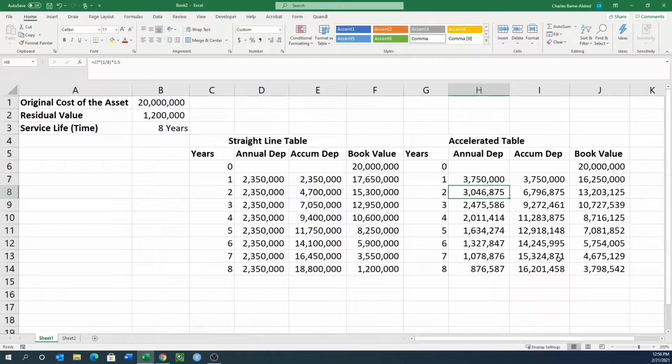So what happens when I have an asset that I sell at the end, and in this case I'm going to sell it for the 1.2 million? Well, what do you do with that? Let's take a look.